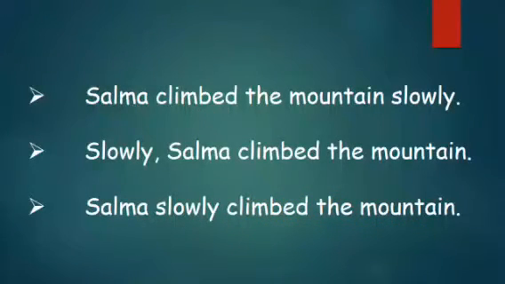First, let's talk about the position of an adverb. So where do we put the adverb in a sentence? Now that's a bit tricky because the adverb in an English sentence can be in different parts of the sentence. Let's look at a few examples. Salma climbed the mountain slowly.